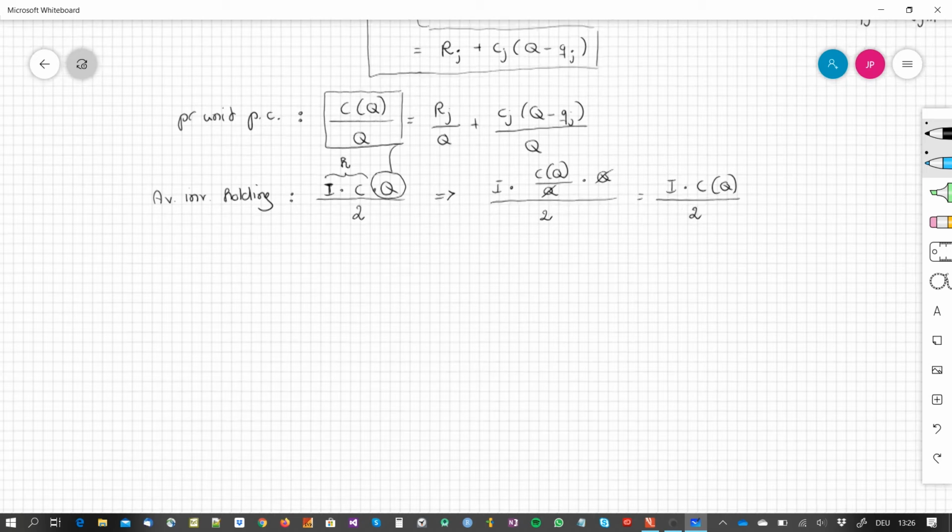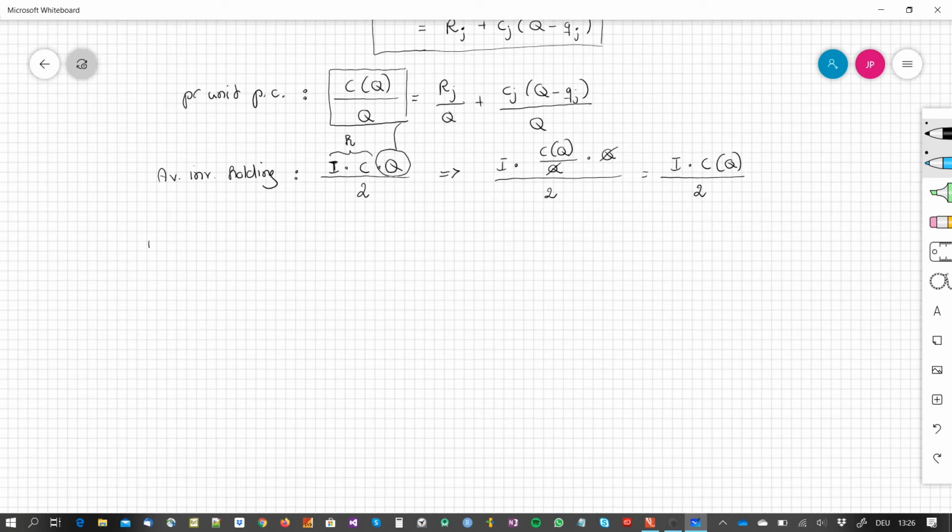Now we put these terms together to formulate the total cost function that we called zeta of Q. And this is now given by the per unit purchasing cost multiplied by the demand, so C from Q multiplied by the demand rate divided by Q. You can check also how this was in the previous formulas.